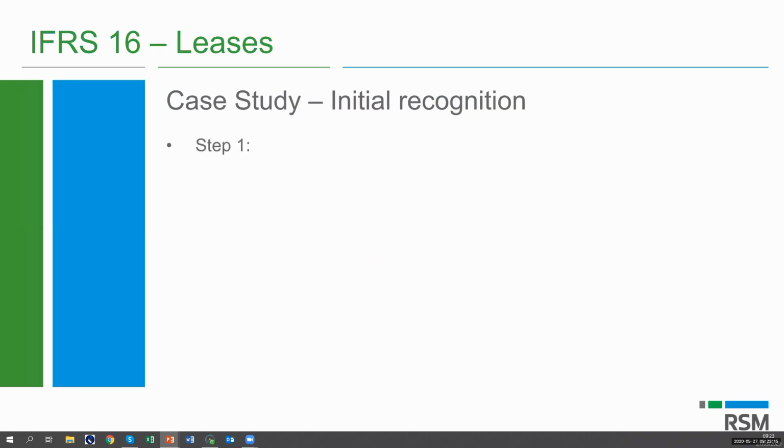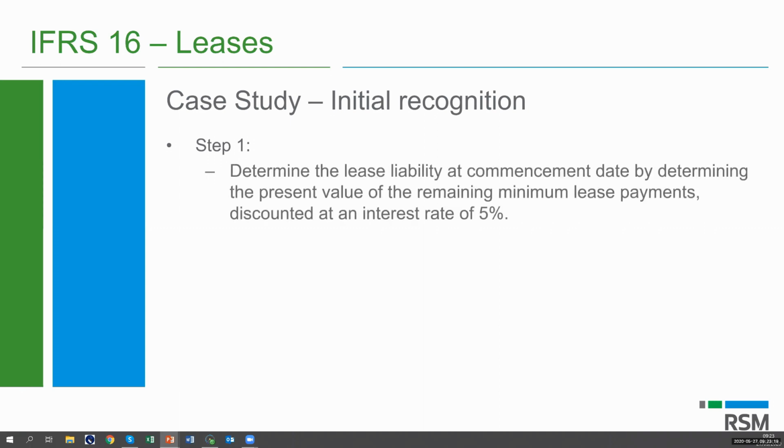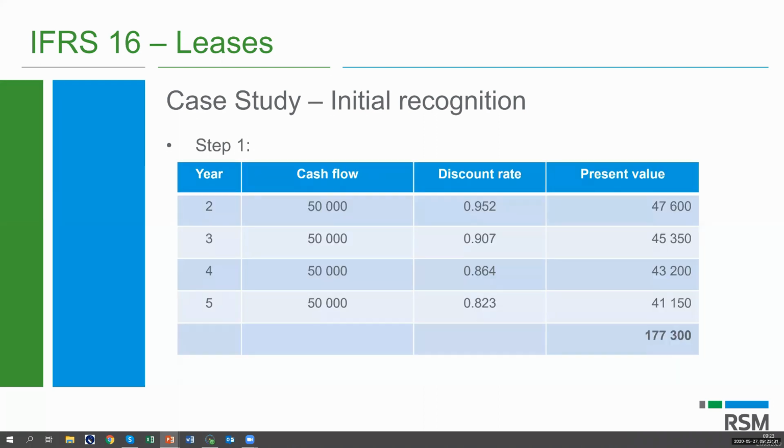So on initial recognition, step 1, like I said, we need to determine the lease liability at the commencement date and discount it at a discount rate. We're going to assume that the discount rate in this case is 5%. So there it is, quite simply. Remember, we don't take lease year 1 into account because we've already paid for that up front. You'll see that coming into the calculation of the asset.